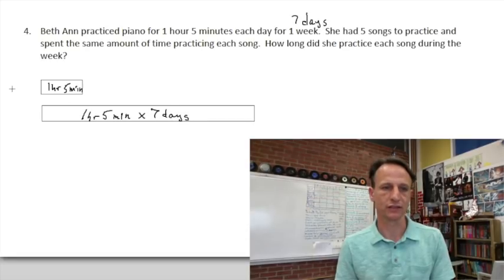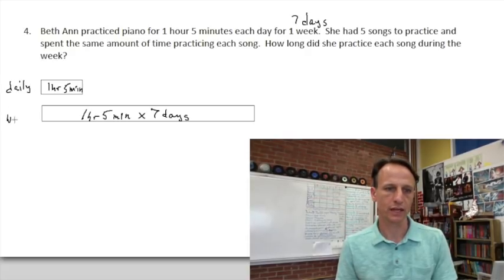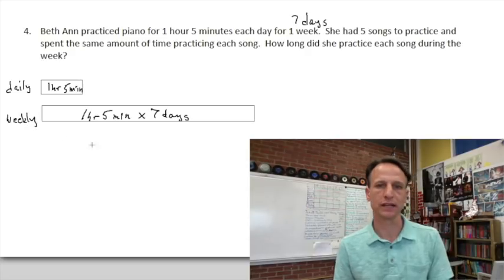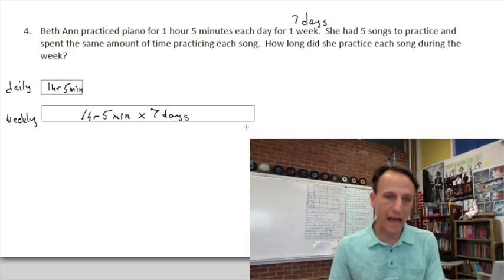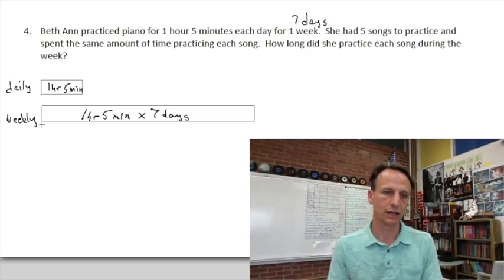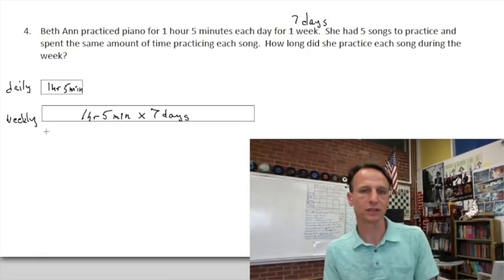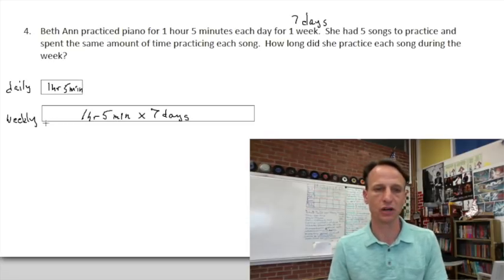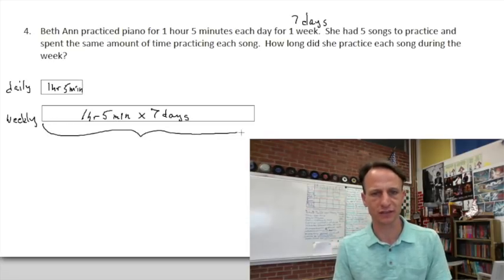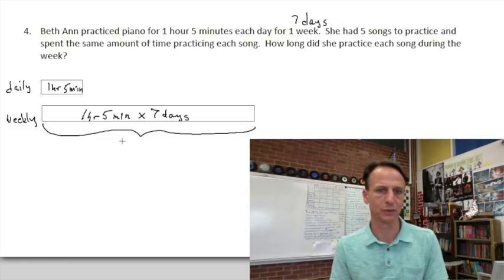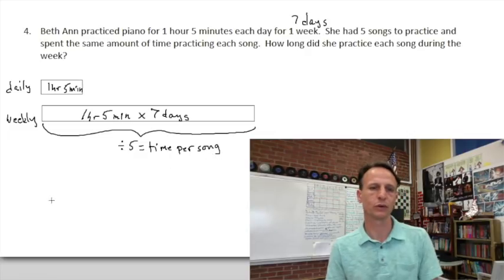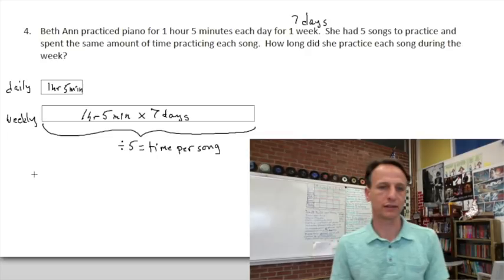So this is her daily practice, and then we have her weekly practice, okay? And then that is going to be divided by 5 will give us time for each song. And see, that's why I said this isn't a great one to draw for, because the only way I can think at the moment anyway is to equals time per song.